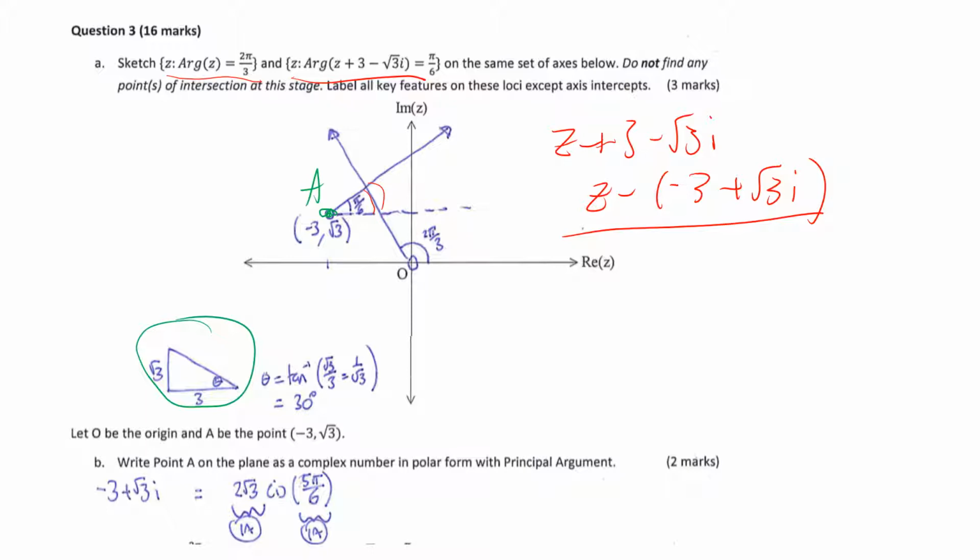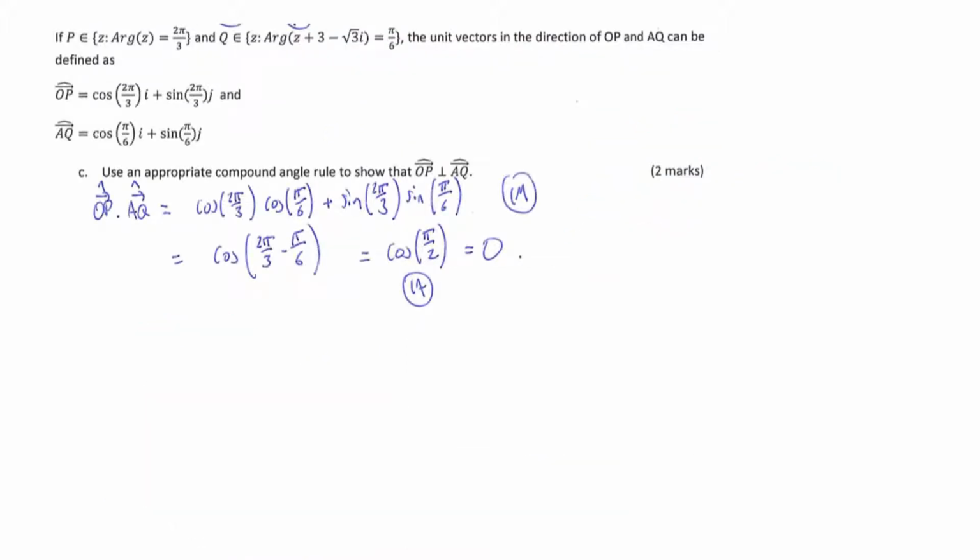So, all right, that is point A in principal argument form, and point A is the start, albeit not inclusive, of the second of our two rays that we had sketched above. Okay, so I thought this was pretty neat. A lot of you weren't sure what to do.